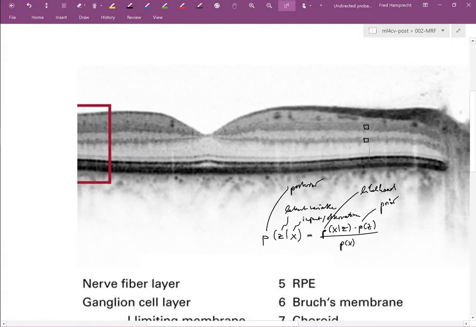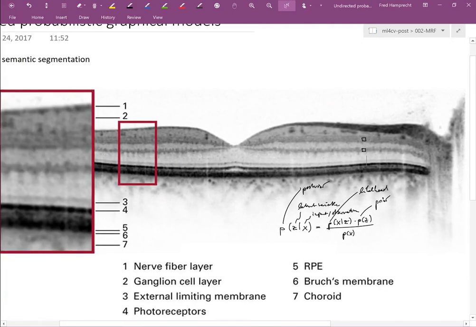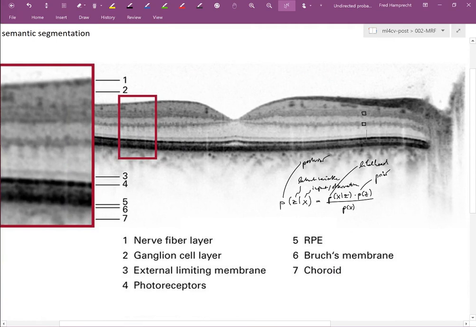Okay, so let's use words here. I would actually like to discern more layers than have been indexed here.